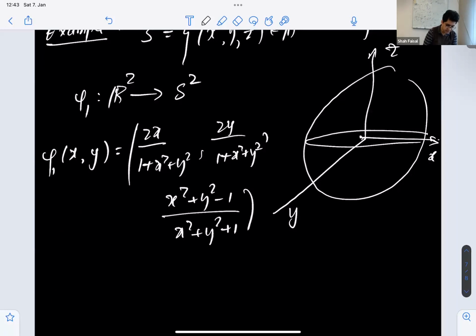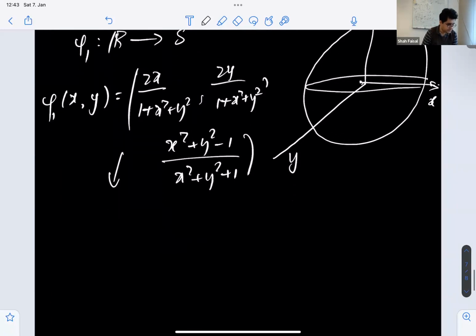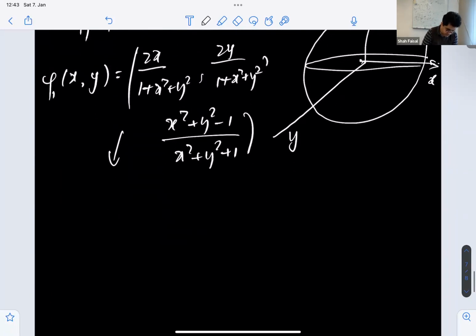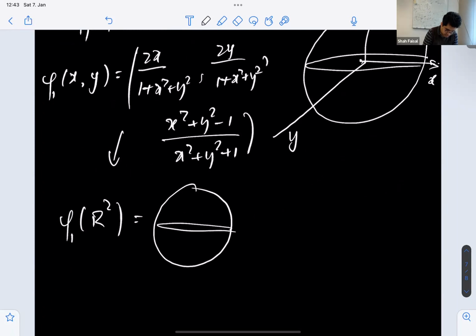So one needs to show that this point lies on the sphere. That's one thing. And the image of this map is basically the whole sphere, but only this point removed. So it misses the 0, 0, 1 point. So it covers the whole sphere, but just that one point.